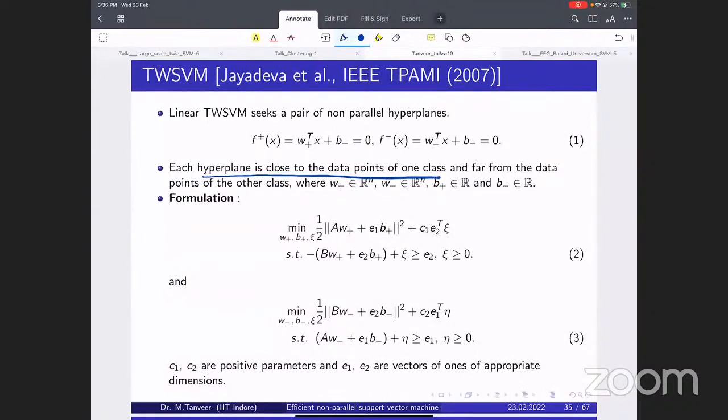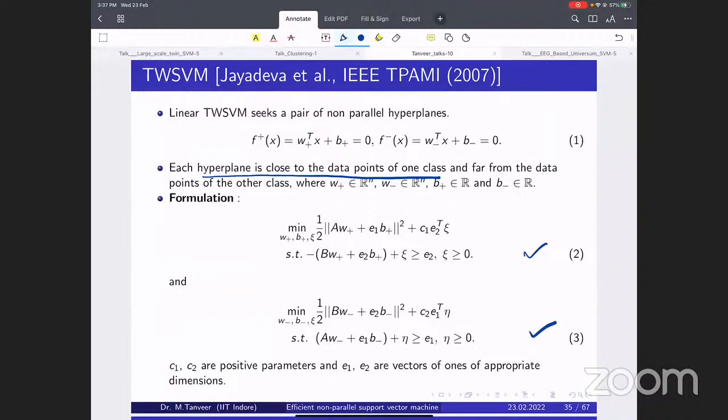You can see the formulation here, equations 2 and 3, and let me explain what exactly we are doing. If you recall the original SVM formulation, we had one objective function and two constraints, meaning constraints for both the positive and negative class.